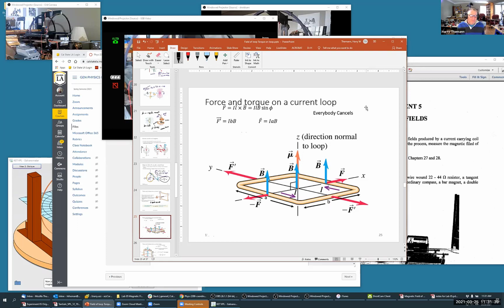So if I take my coil and I have a current flowing through it, the magnetic moment of the coil and the B field, the blue is an applied B field, are lined up. So the angle is equal to 0.